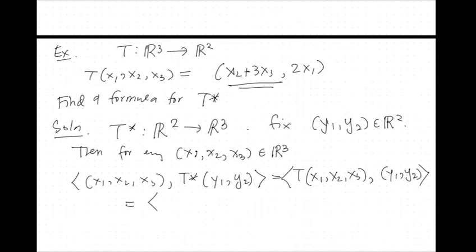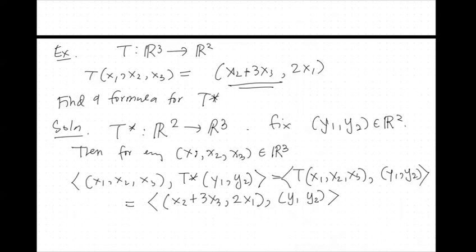The first component will be x2 + 3x3, and then 2x1, and the second one is (y1, y2). This is an inner product.